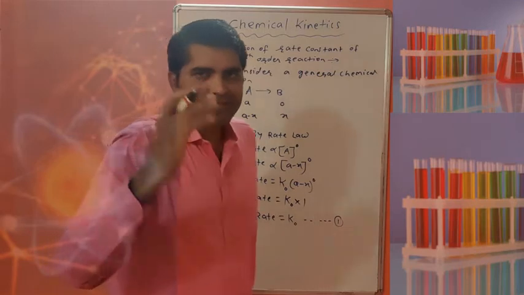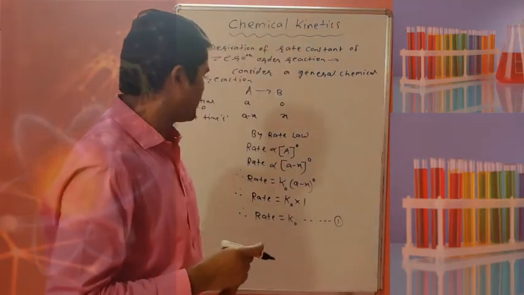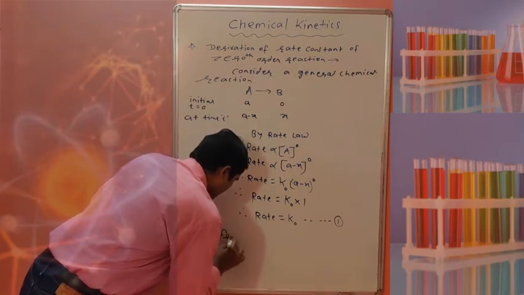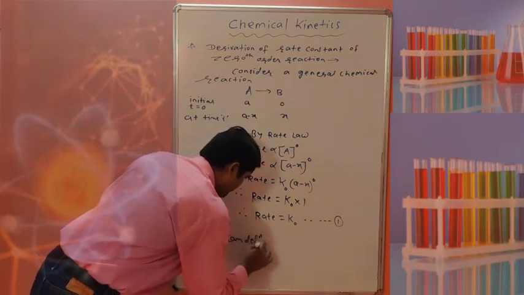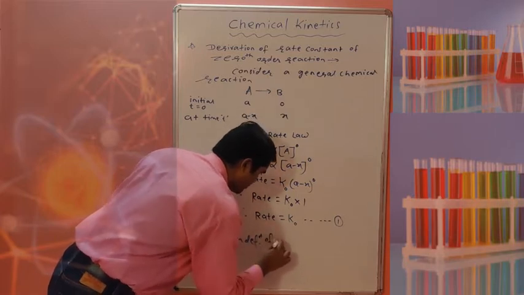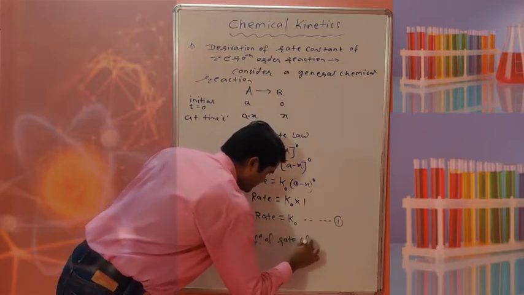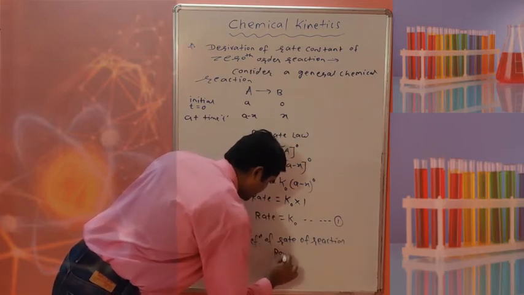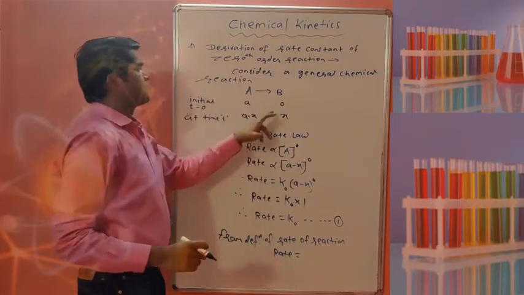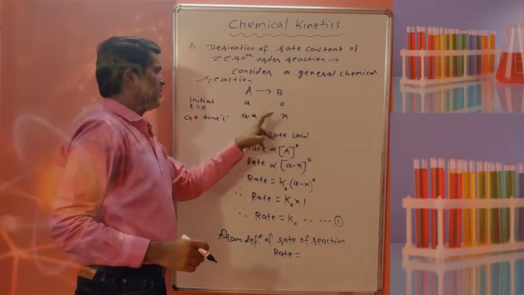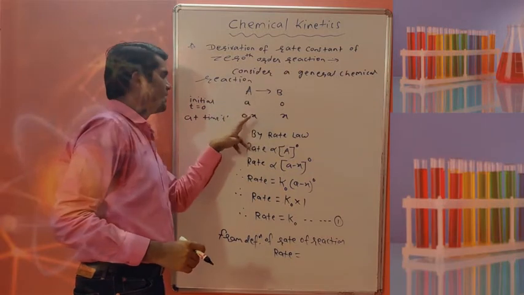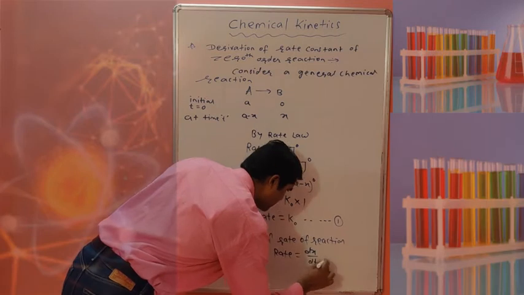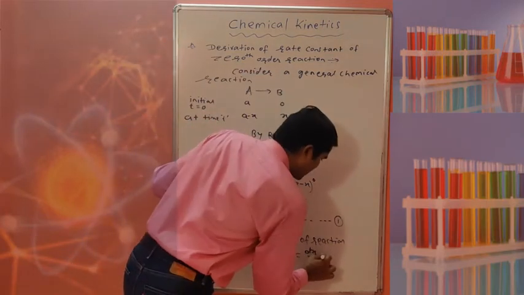So this is your equation number 1. Now we have discussed the definition of rate of reaction. From the definition, rate is equal to dx by dt if you write in terms of product, or if you write in terms of reactant and solve, you also get dx by dt, which I already solved in the last video.